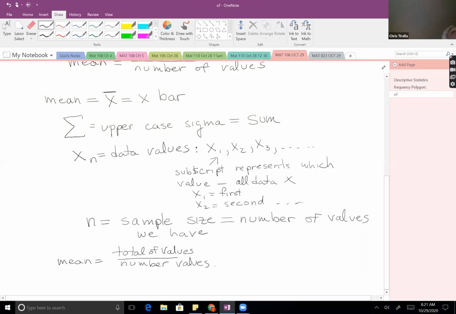People like me who don't like to write and struggle with that whole spelling thing would say that X bar, that's the mean, is equal to sum, we're going to use that uppercase sigma, and we're adding our data values, so that's sigma X sub n over the number of values n. And these two things say exactly the same thing.